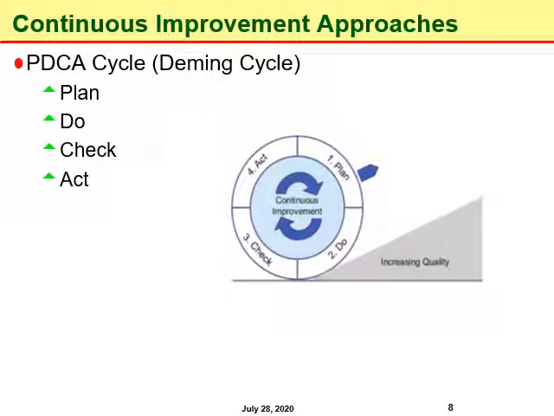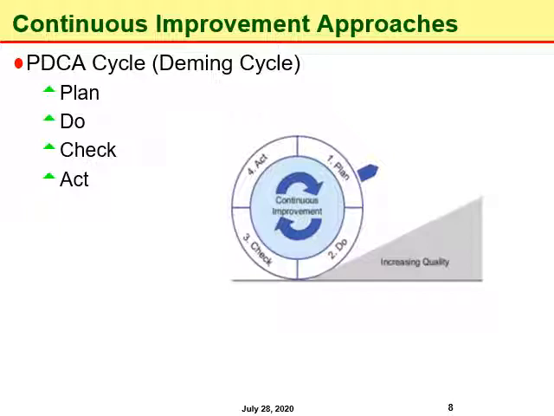So here we discuss the PDCA cycle. This approach consists of iterative improvement cycles called the PDCA, which actually stands for plan, do, check, act. This is also known as the Deming cycle.